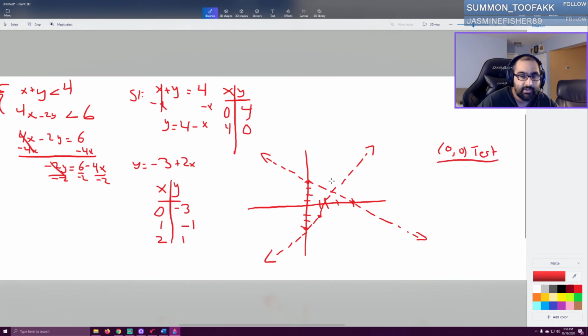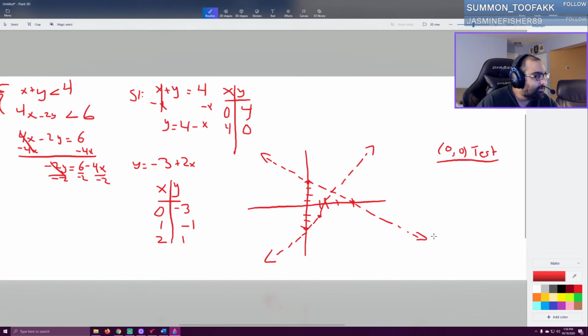For the 0, 0 test, we're going to plug in 0 for x and 0 for y and see if that original inequality is true or false.